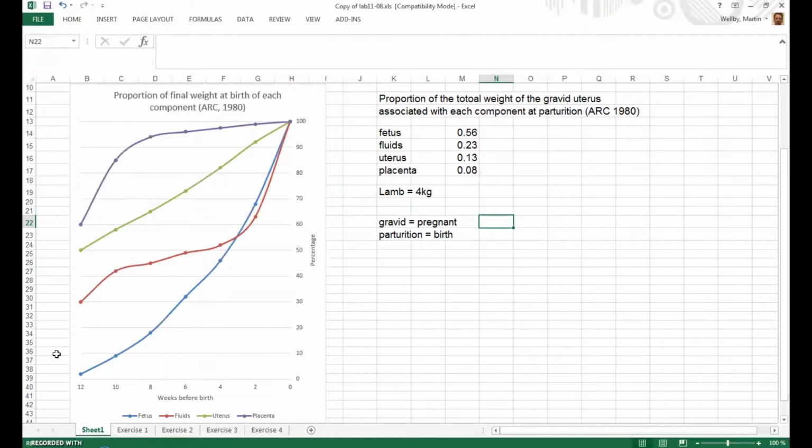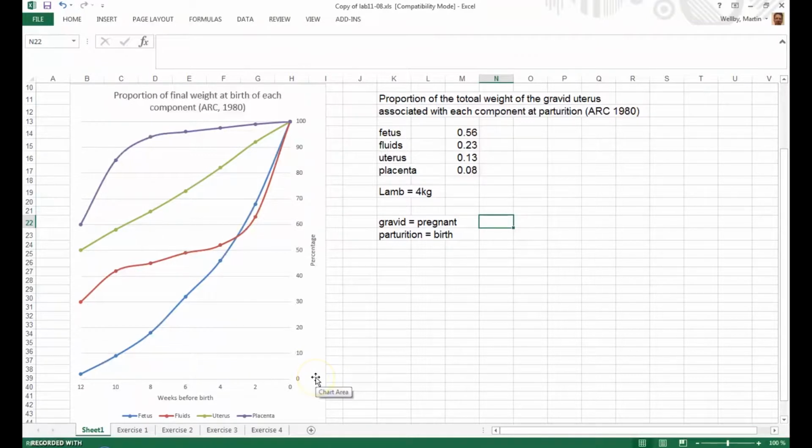This is going to put some numbers to that. So this is all real data. It's from the Agricultural Research Centre in the UK. And this page here is just reproducing the information that you're given in the lab manual.